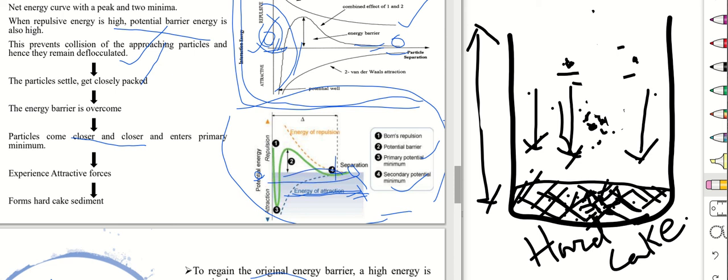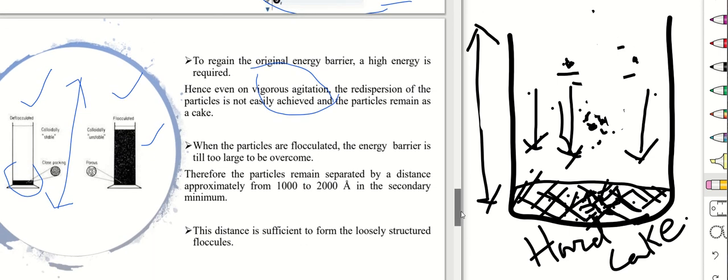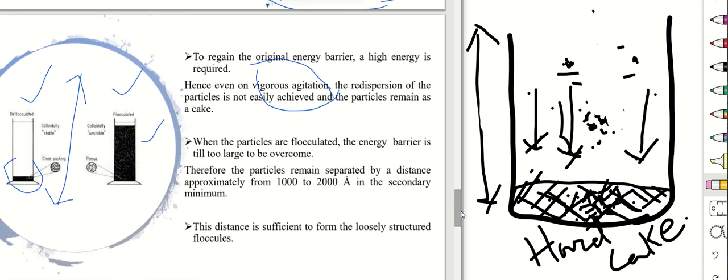So when can we actually maintain a distance of 1000 to 2000 angstroms? If and only if we are able to overcome this potential barrier, and if we are able to balance the repulsive and attractive forces, and if we are able to promote flocculation, then only can we maintain a distance of 1000 to 2000 angstroms.